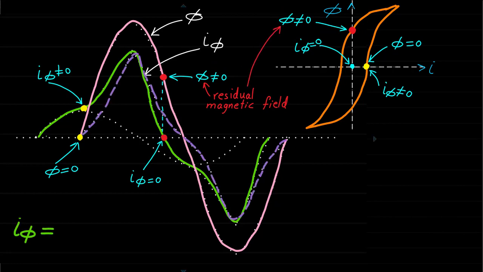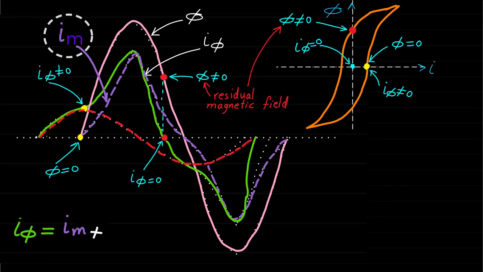Basically, this resultant current I phi represents an instantaneous sum of two components, the magnetizing current Im, represented by purple color, and hysteresis loss current Ic, represented by red color.